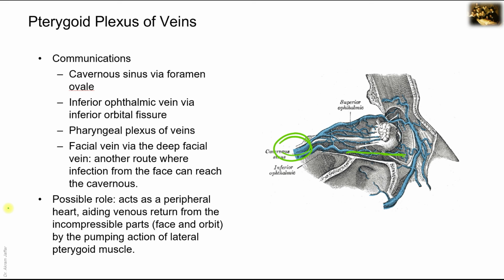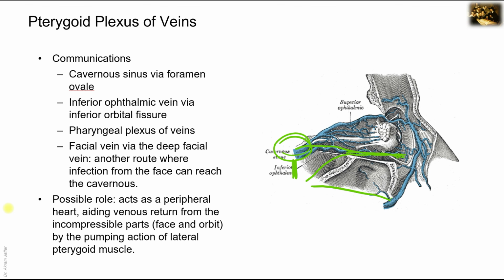These inferior ophthalmic veins partly communicate with the cavernous sinus and partly they pass through the inferior orbital fissure, and so they reach the infratemporal fossa. And also they communicate with a vein which is called deep facial vein, which arises from the facial vein on the face.